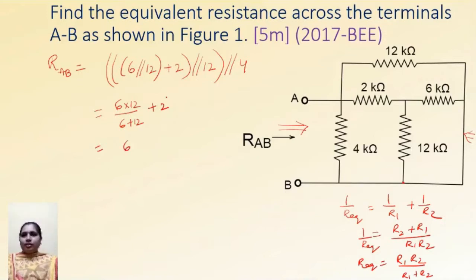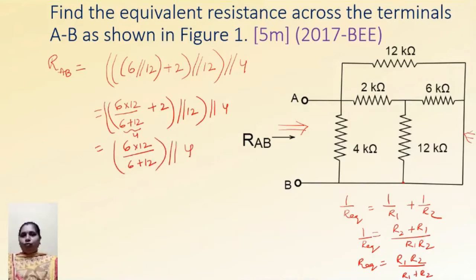Again, 6 in parallel with 12, and again this is in parallel with 4. So this value is 4, and this is 2, so in total 6. So 6 into 12 by 6 plus 12 is again 4. This is in parallel with 4, so it is 4 into 4 by 4 plus 4, which is nothing but 2.